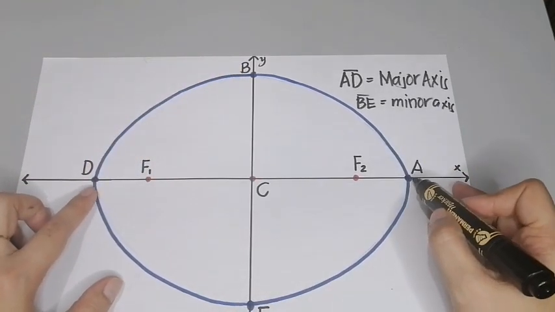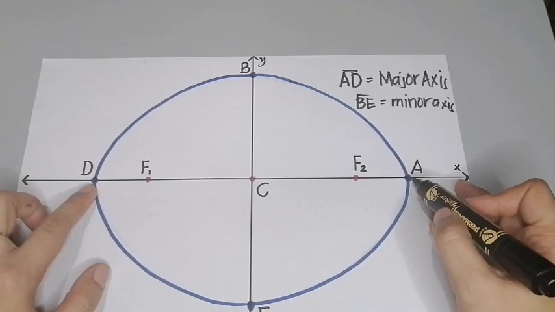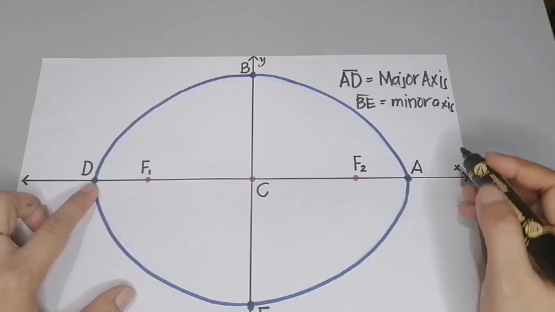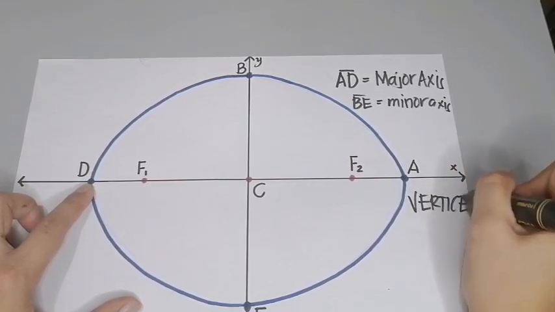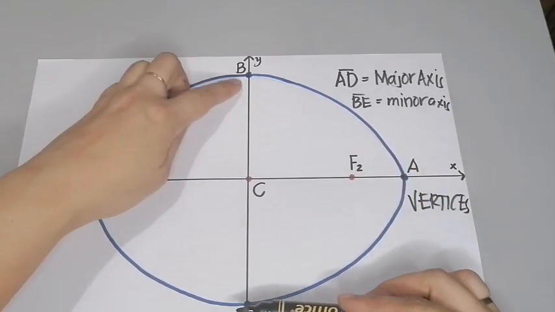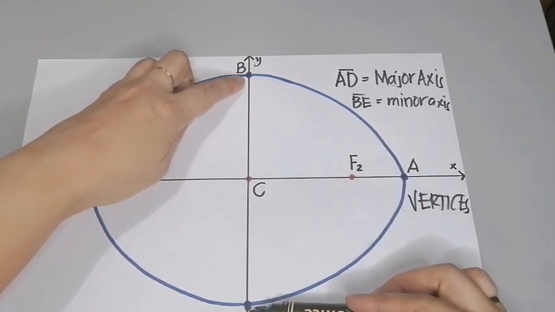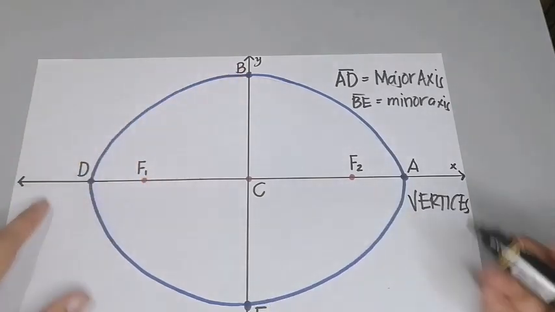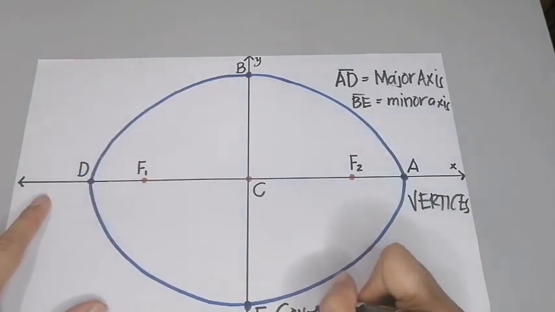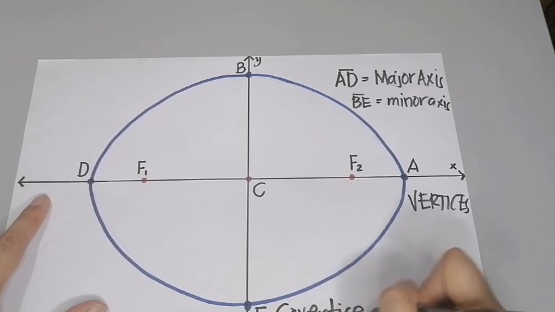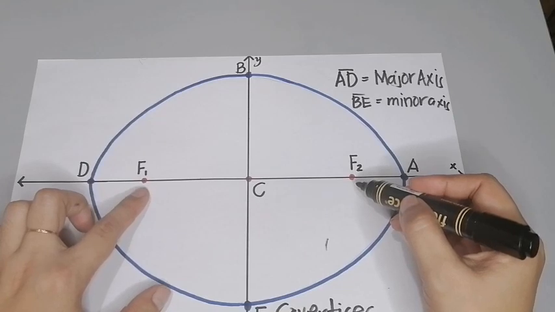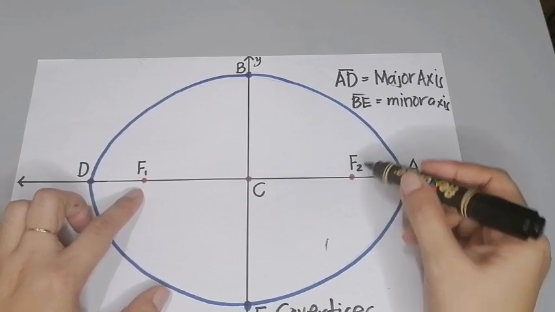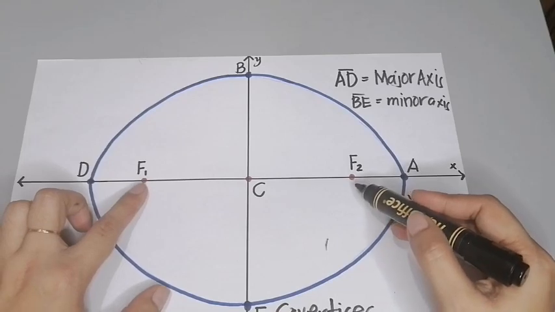For the endpoints of the major axis, points A and D, these are what we call the vertices of an ellipse, while the endpoints of the minor axis, B and E, are called co-vertices. And of course, F sub 1 and F sub 2 are the foci, plural of focus, of the ellipse.